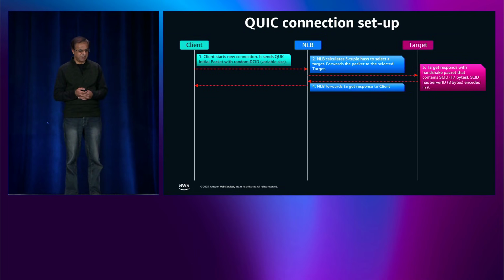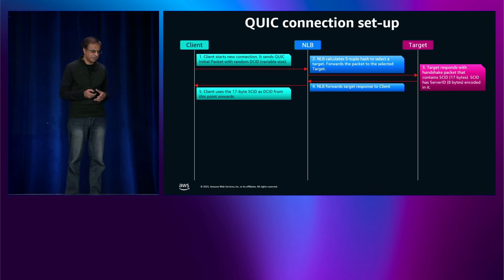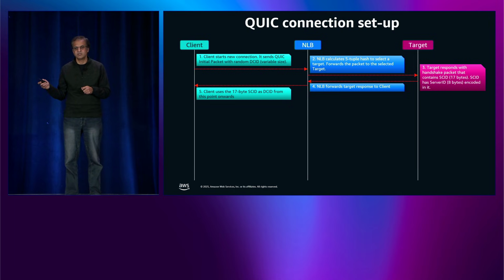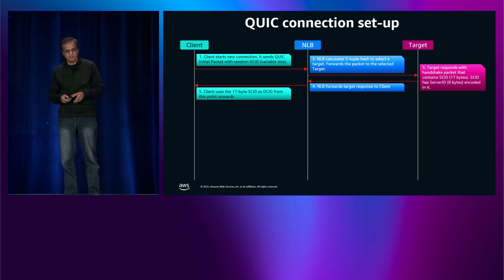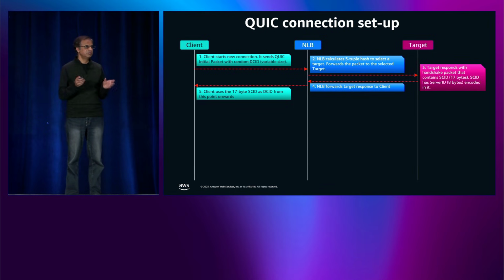Then NLB receives the packet and simply forwards it back to the client. Then the client looks at that source connection ID and says, I understand now, the server actually gave me this ID, and I'm going to use that from that point on. So from that point onwards, the client will use the same 17-byte destination connection ID going forward, regardless of IP address changes.